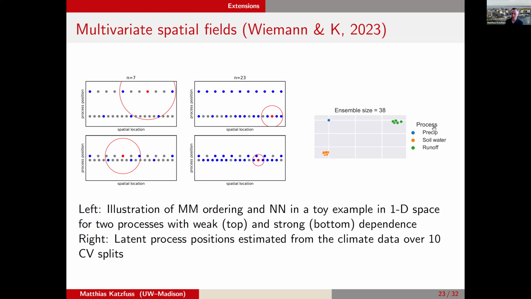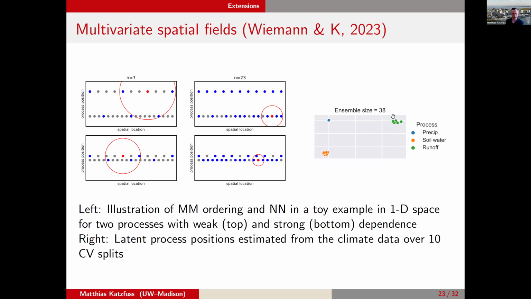So here's an example of what we get when we estimated something like this for the 3 variables that we have here: precip, soil water, and runoff. The position of precip was just arbitrarily chosen as the first variable in our ordering, so we fix that position, and then we estimate the position of the other 2 processes, soil water and runoff, relative to that, based on an ensemble of size 38.